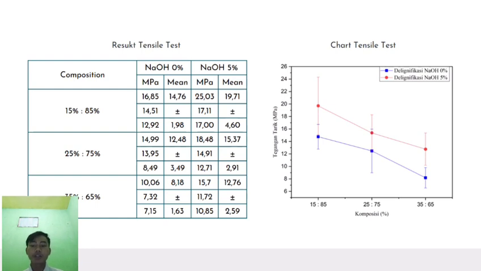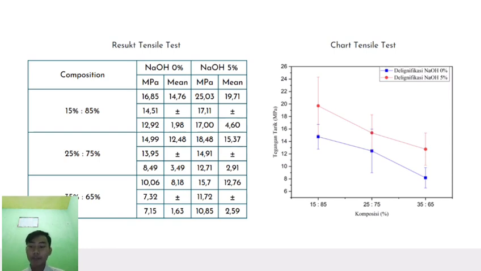This is because the addition of fiber composition requires more resin, and the natural matrix of the fiber has not completely decreased due to the 0% NaOH delignification process, so the bond between resin and fibers does not bind well.